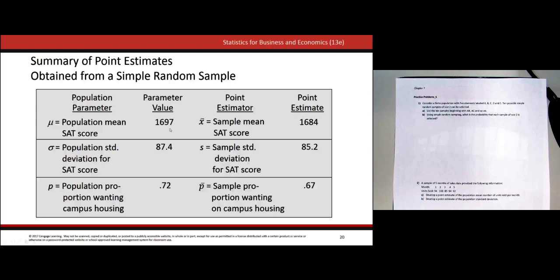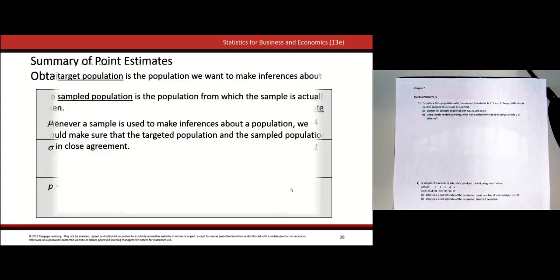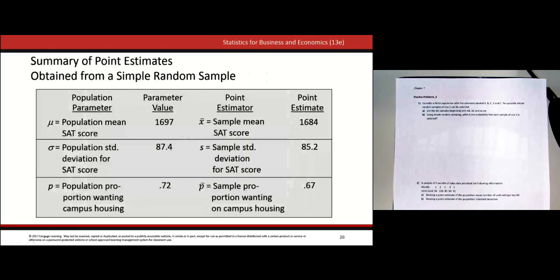We estimated the population mean as 1684, which is very close because the actual value is 1697. We estimated the population standard deviation as 87.4, the actual value is 85.2, which is very close. And we estimated the population proportion as 67%, which is also close. With good sampling methods, we can get good estimates.